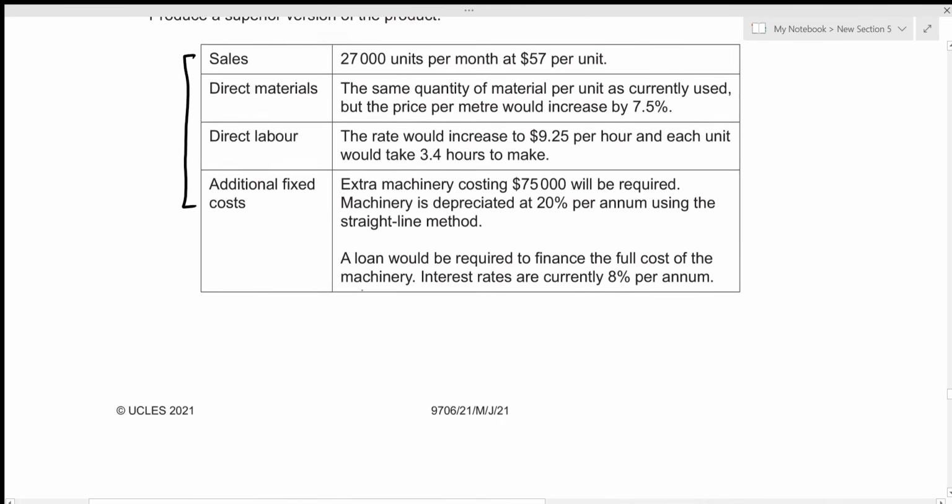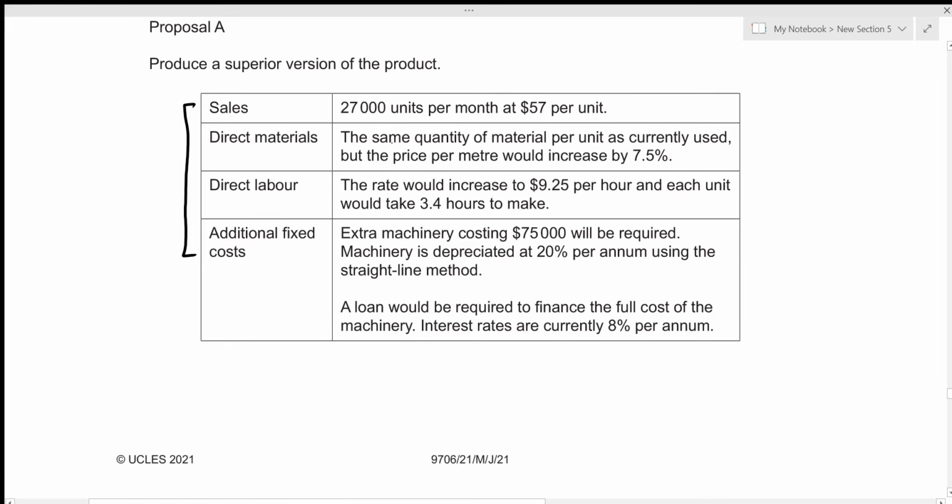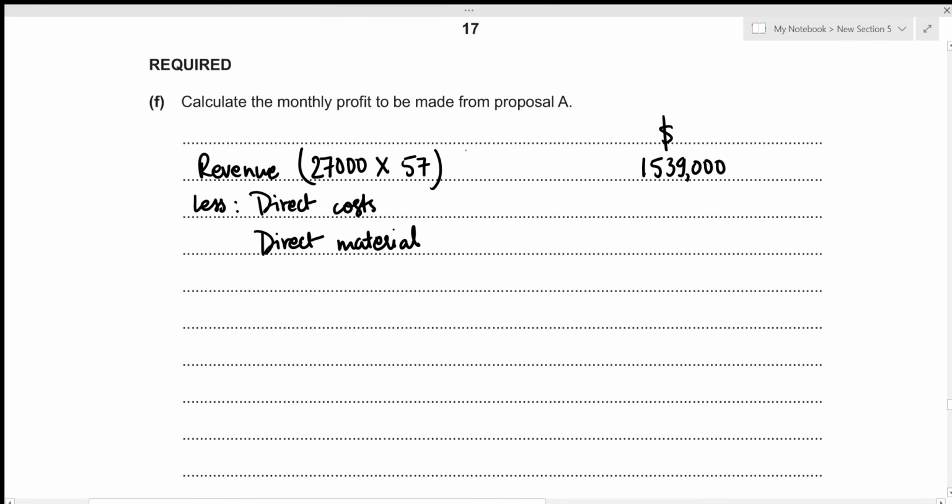Let's have a look at the given information first. So the same quantity of material per unit as currently used. So currently we're using 4.5 meter of direct materials per each unit, but the price per meter would increase by 7.5%. So previously we were using the price to be $4. Now we need to increase it by 7.5%. Let's calculate it. So we are considering the direct materials for 27,000 units, and we will be using the exact amount that we're currently using, which is 4.5.